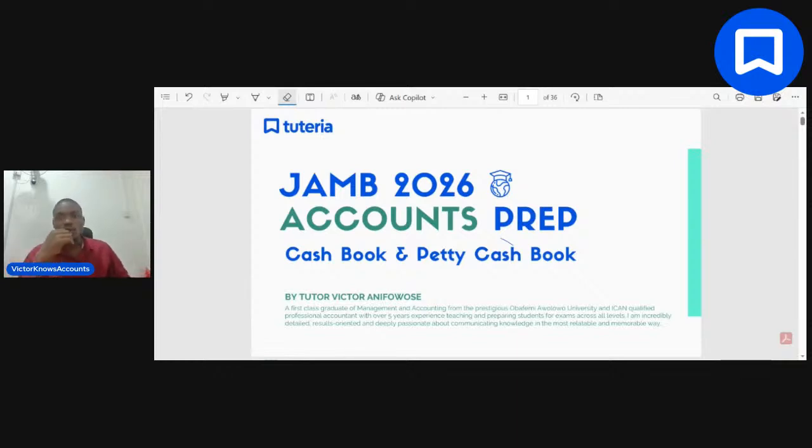Now, just as the name implies, cash book. Based on the name, if you are told to describe what a cash book is, what would you say?